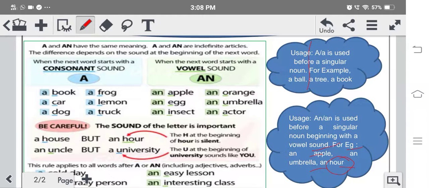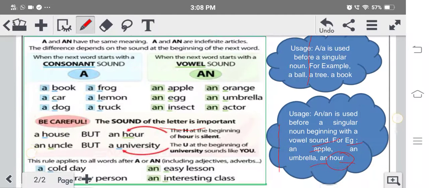So that is why we use an before that. Right? So the sound of the letter is also important. We cannot ignore the sound that comes out. If the first alphabet is silent, then we have to see the sound that is coming. If the sound of a word is starting with a vowel, then we have to use an.